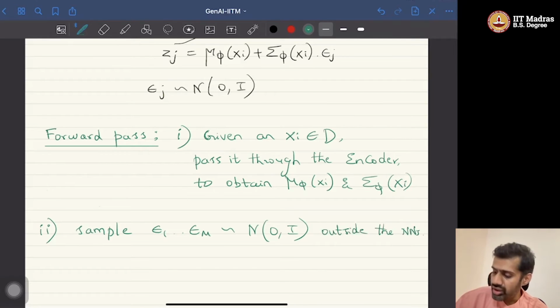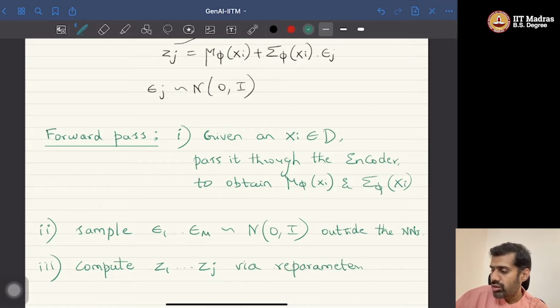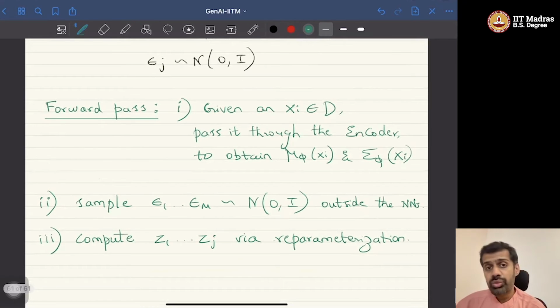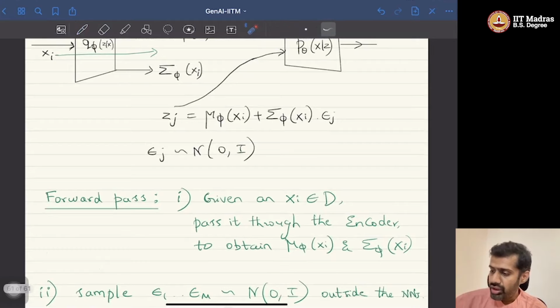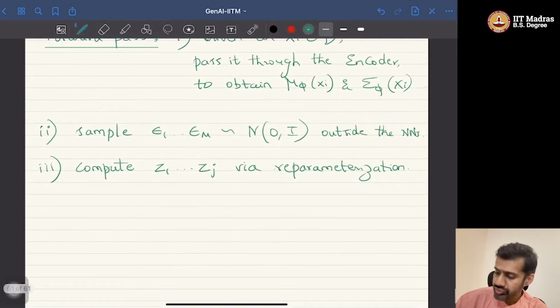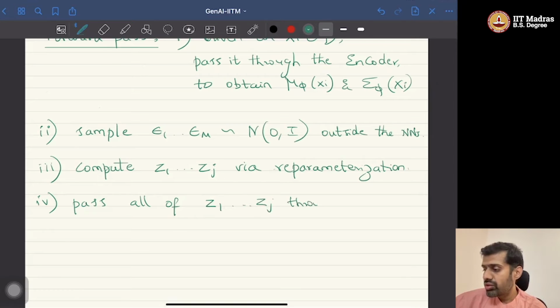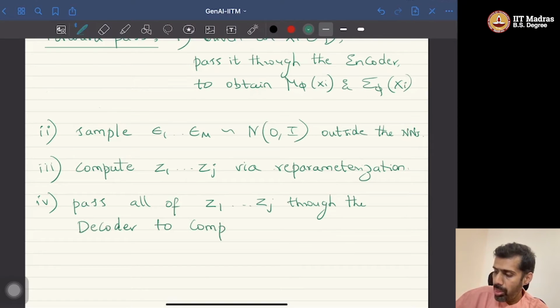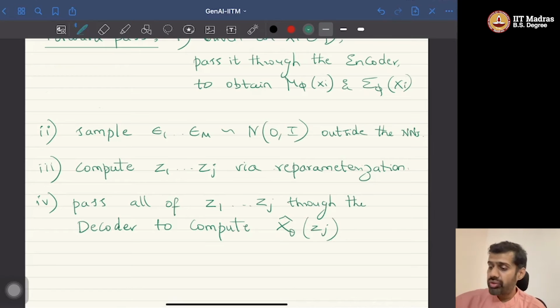Then compute z1 through zm via reparameterization, which is this particular equation, and then pass all of z1 through zm through the decoder to compute x cap theta of zj.